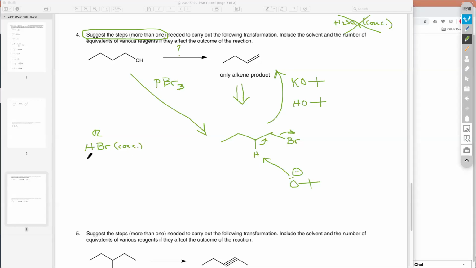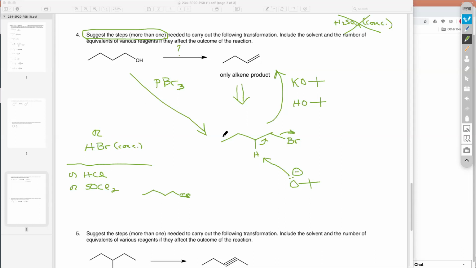But additionally, if you wanted to go to the chloride instead, which would have worked just fine as well, you could have also used HCl or SOCl2. Any of those would result in this being turned into a good leaving group, and then the Br minus being added, or the Cl.